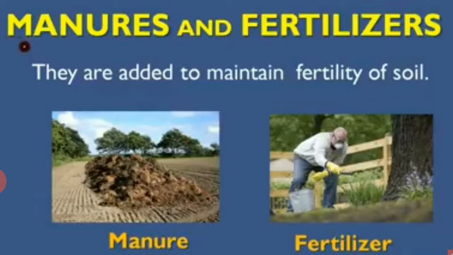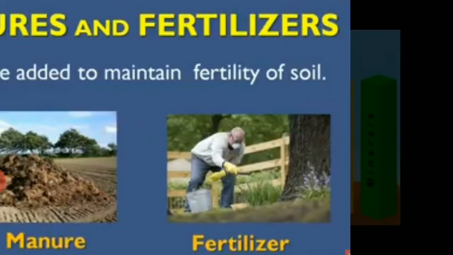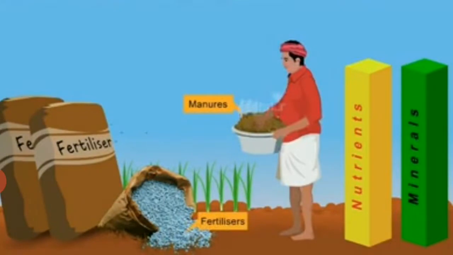It may result in weak plants and less yield. To replenish the soil, the farmer will add manure and fertilizer. This is necessary to maintain the nutrient level in the soil.